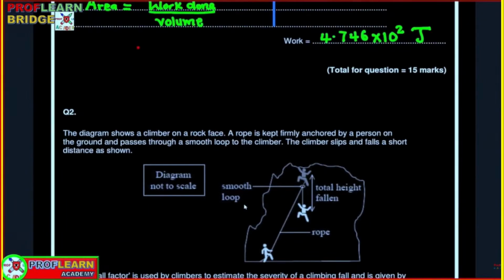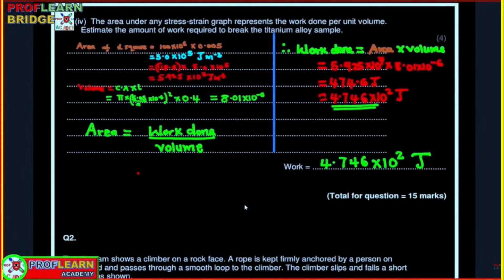In question 2, the diagram shows a climber on a rock face. A rope is kept firmly anchored by a person on the ground and passes through a smooth loop over the climber. The climber slips and falls a short distance as shown.